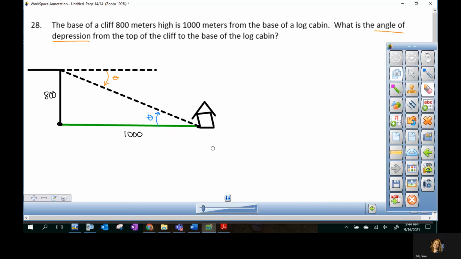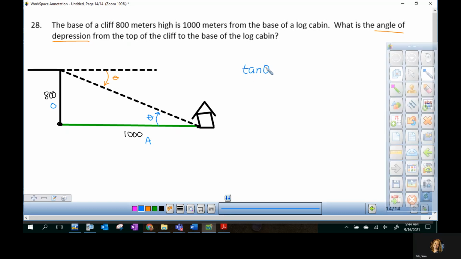Okay, so from that angle, the 800 is opposite, the 1,000 is adjacent, another tangent problem. The angle is the unknown. So we are going to do inverse tangent.